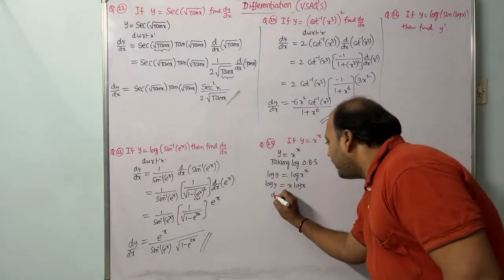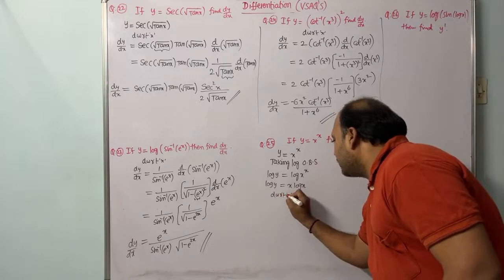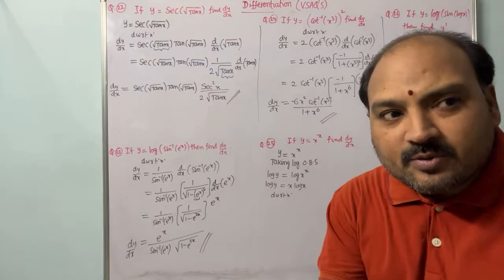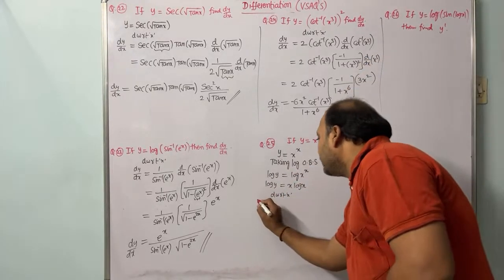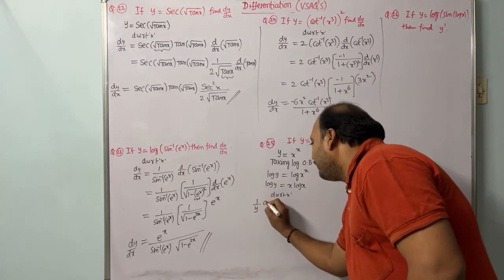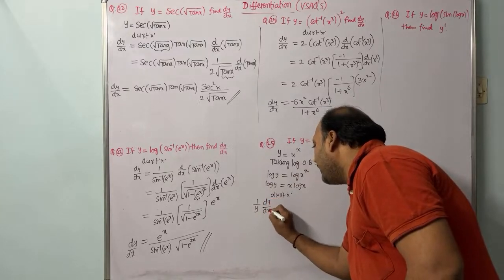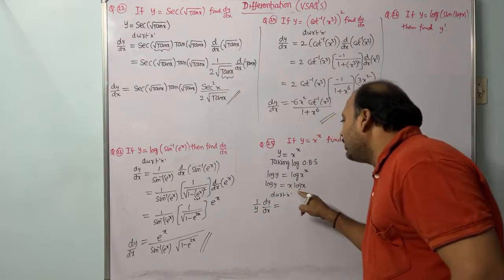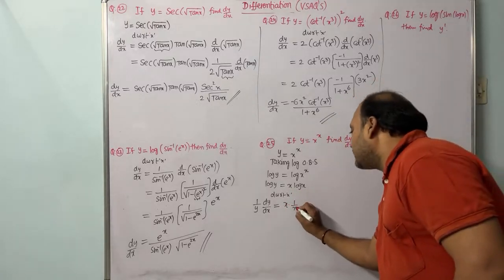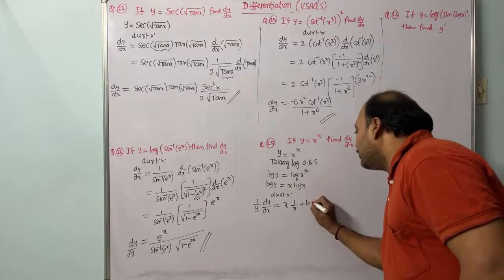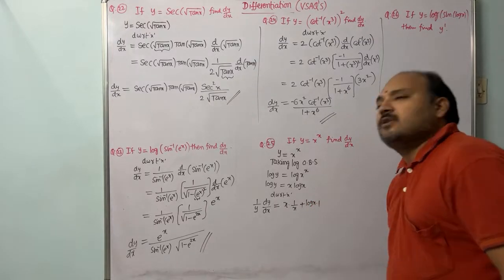So differentiate with respect to x. Log x derivative is 1 by x. If it is log y, derivative is 1 by y, and y derivative with respect to x is dy by dx. So 1 by y dy by dx is equal to, using the product formula, x into d by dx of log x, which is 1 by x, plus log x into d by dx of x, which is 1.